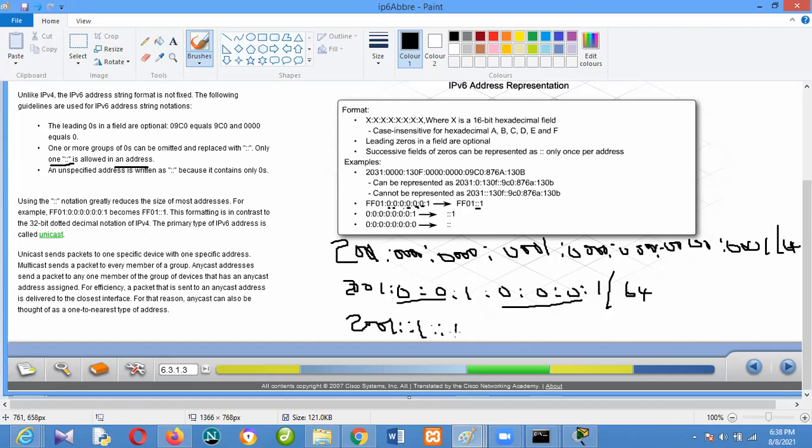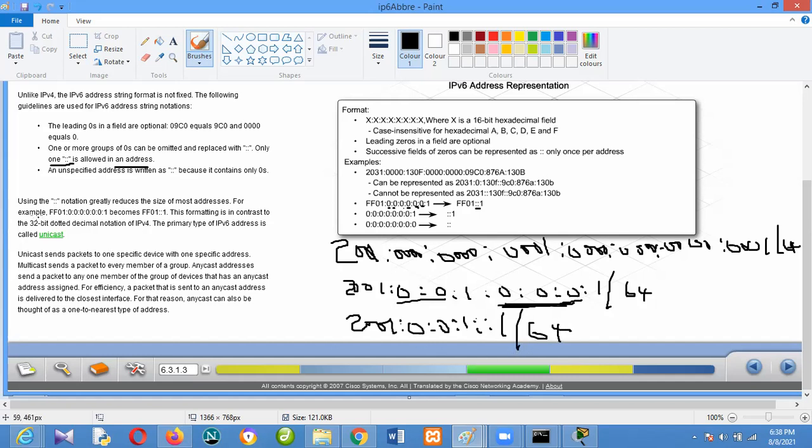It's wrong. It's against the rule. So in this case, what should I do? I can just make this particular one the double colon because it has the higher number of zeros. So I can abbreviate it as this, then this successive field of zeros I take as double colon, before I now have the 1/64.